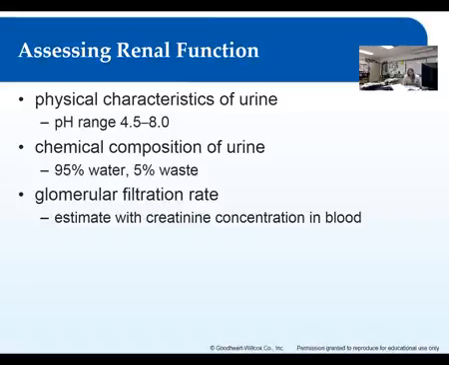It will be a lot more concentrated. Urea is a type of nitrogenous waste produced by the normal chemical breakdown of proteins. So the body breaks down proteins, and this nitrogenous waste is what's included in that. Potassium, chloride, sodium, and other ions are typically present, so you see those. You don't want to see too much, but you do see those in there.